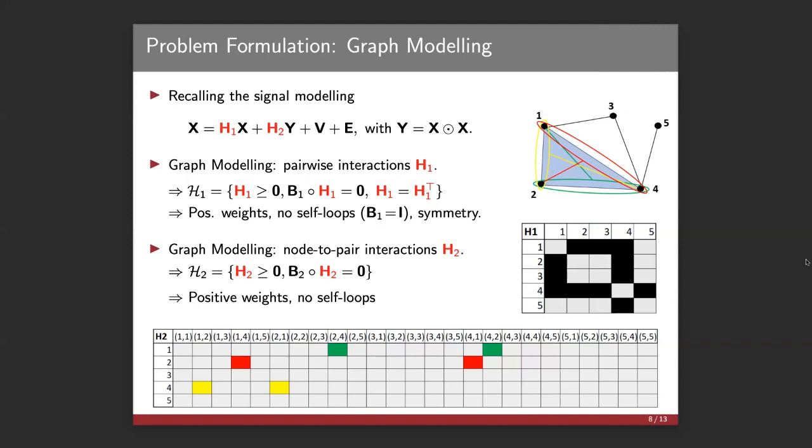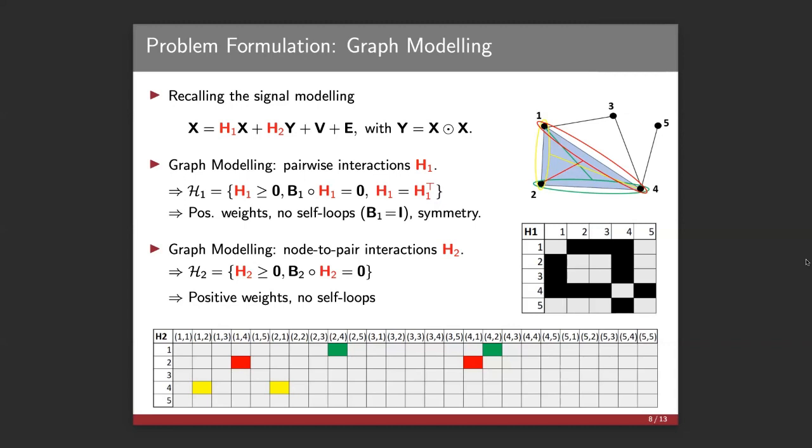What we do next is to use this kind of structure in H1 and H2 to model simplicial complexes. In this figure, you can see that we have a filled triangle and a non-filled triangle. If we have a non-filled triangle in our formulation, it means that the links between nodes 1, 3, and 4 exist, and there is no node pair interaction between these 3 nodes.